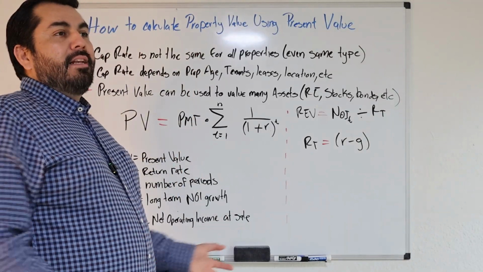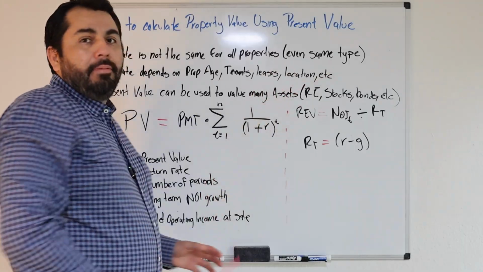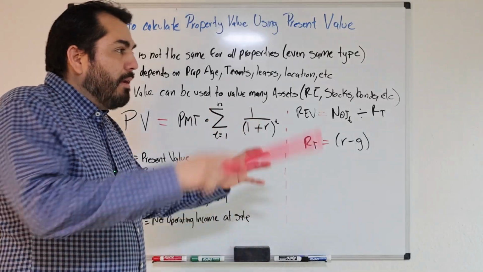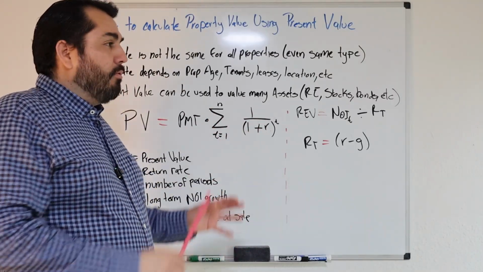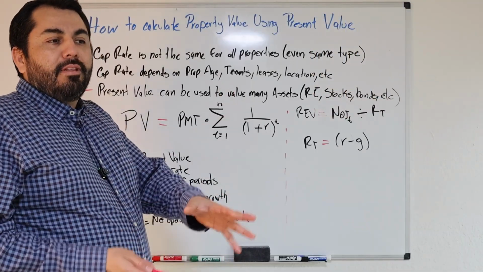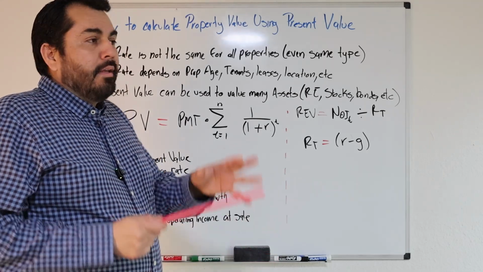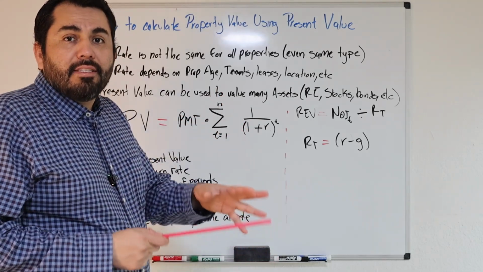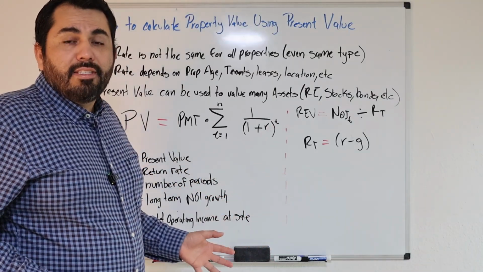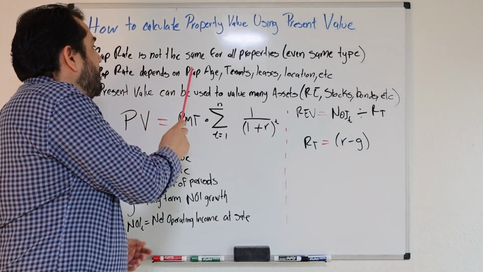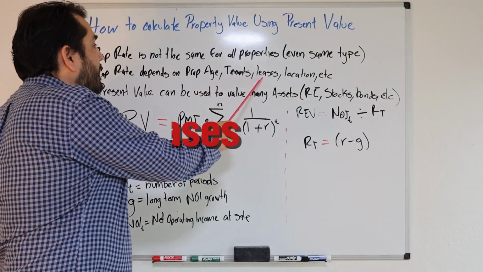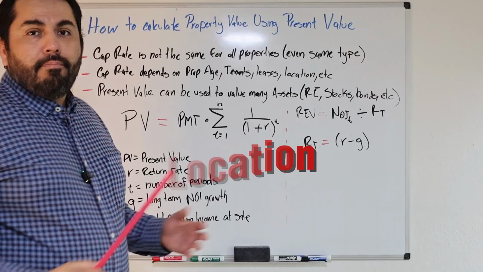Even if you have similar properties of the same type, like industrial properties, in the same location, maybe in Central Dallas or South Dallas, you may say that because a property was sold 6 months ago at a 7% cap rate, then this property is also 7%. That's not always the case, because the cap rate depends on many things like the age, the tenant, the leases, the location, many things.